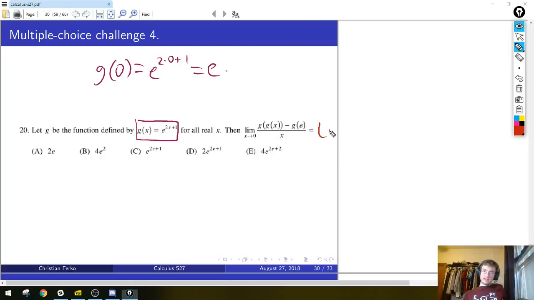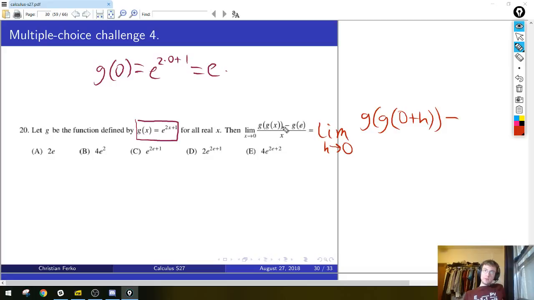Maybe I'll rewrite it. So x is a dummy variable. I'm going to replace x by h, since I think this might jog your memory. I'm going to replace x by h, and then I'm going to do this. G of g, so this should be h, but h is the same as 0 plus h, because I can always add 0 to anything. So far I haven't done anything. I've just changed the name of x to h and added 0.